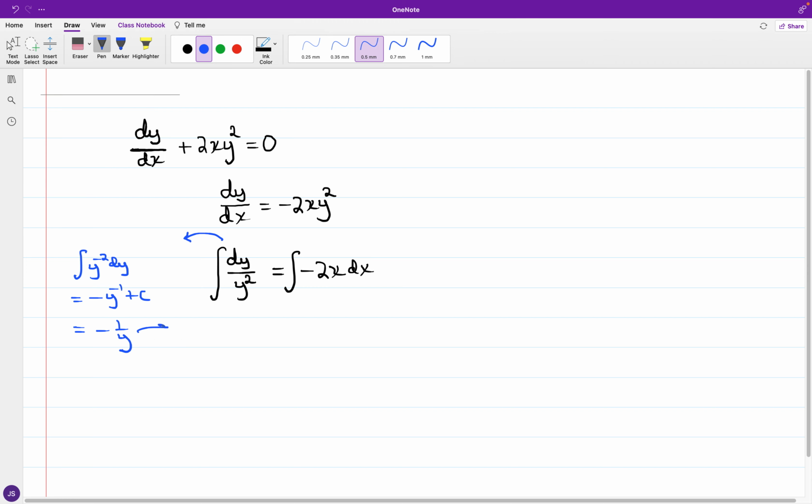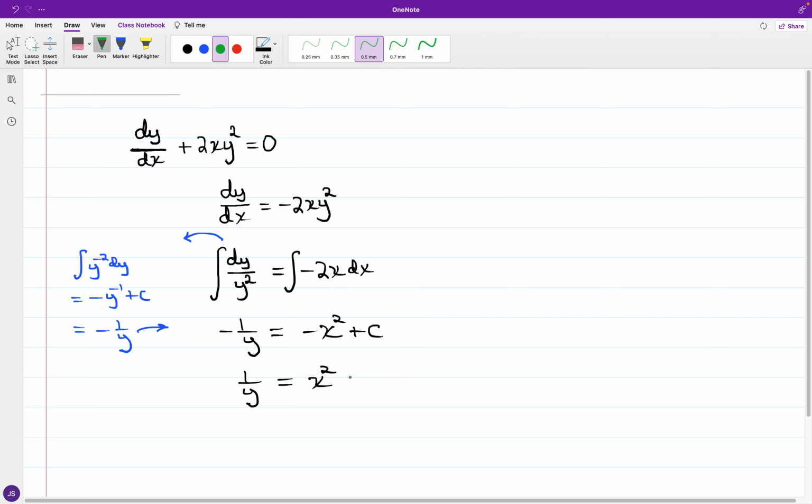Okay. And so upon integrating, we have negative 1 over y is equal to, and for the integral of negative 2x dx, we have negative x squared followed by the constant, and we can go ahead and change the signs. So we have 1 over y is equal to positive x squared, and I would just leave the constant in terms of addition.